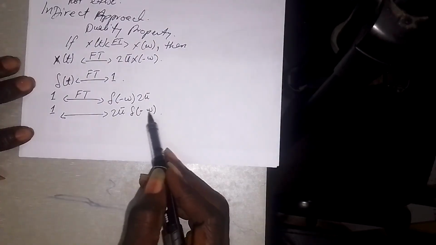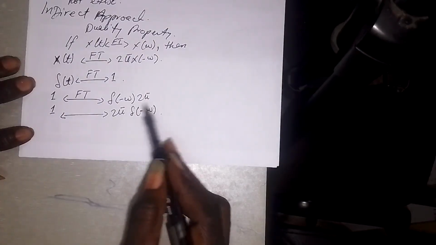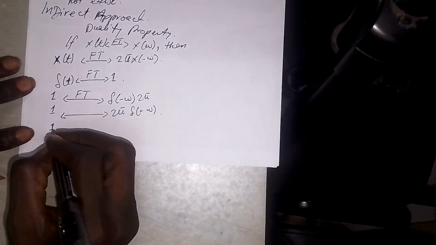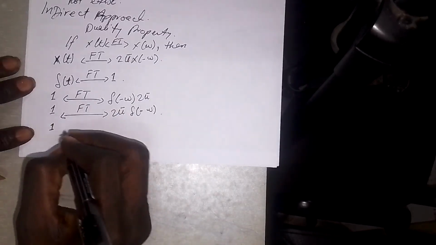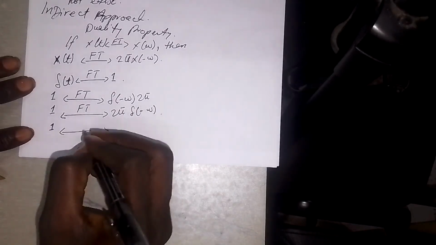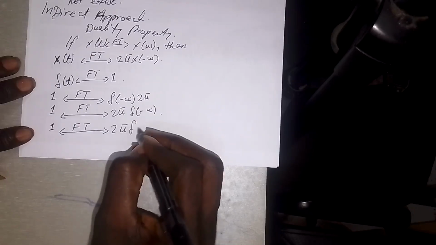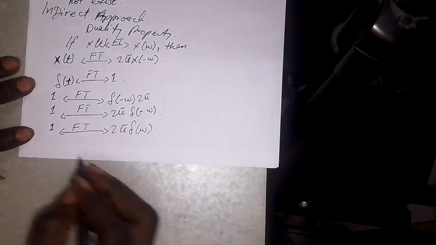But this delta of minus omega exists only at 0. That means the Fourier transform of 1 is 2 pi times delta of omega.